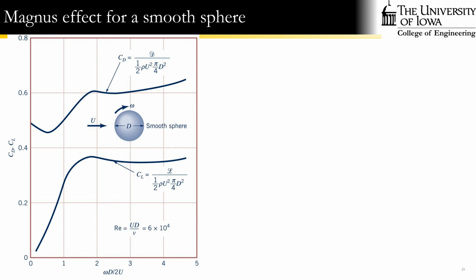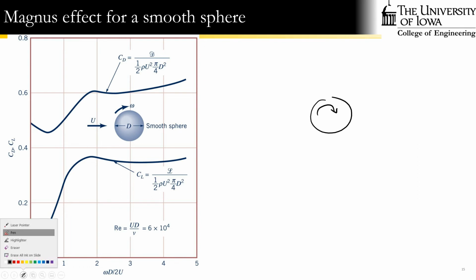Another way of introducing asymmetry to the flow, to produce lift, is instead of changing the shape of the object, you can rotate that object, right? For example, for a sphere or a cylinder, if you're rotating it like this, the flow will tend to get pulled along with it.